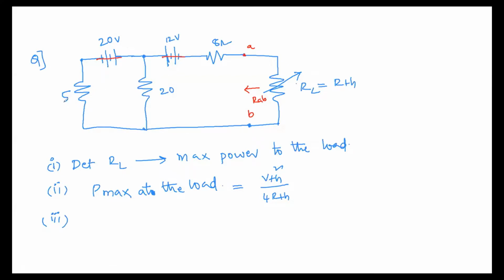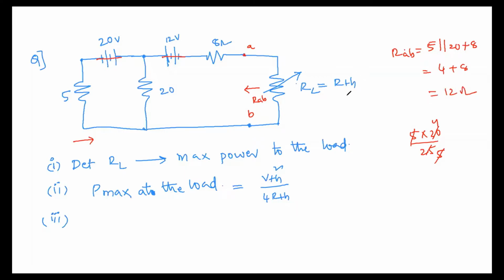Once you short circuit these two sources, you can see this 5 ohms is connected in parallel with 20 ohms. To find the equivalent resistance, we come from the back. That is 5 parallel to 20, plus 8. So 5 into 20 divided by 25 gives 4, plus 8, that is 12 ohms.